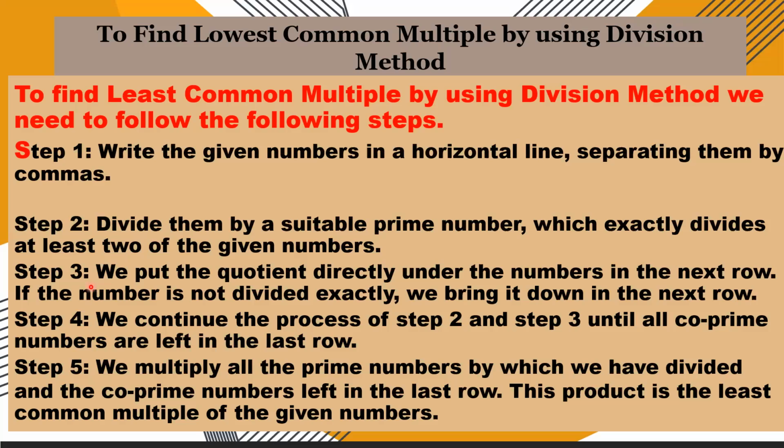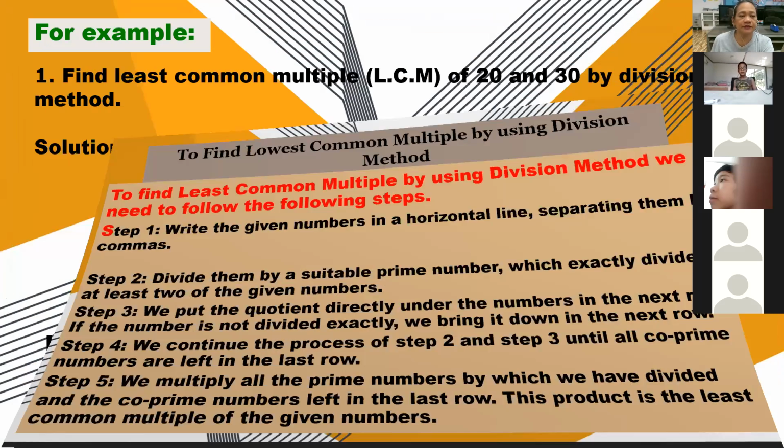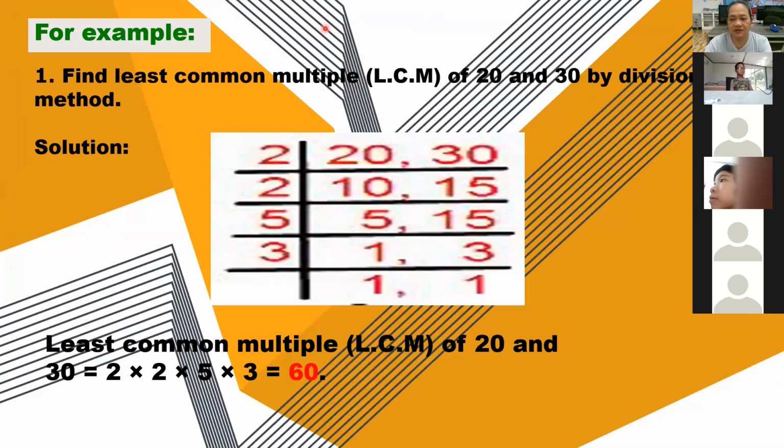This product is the least common multiple of the given numbers. So we have to follow these 5 steps to find the least common multiple using the division method. It's only a review of the past lesson. Next, example.